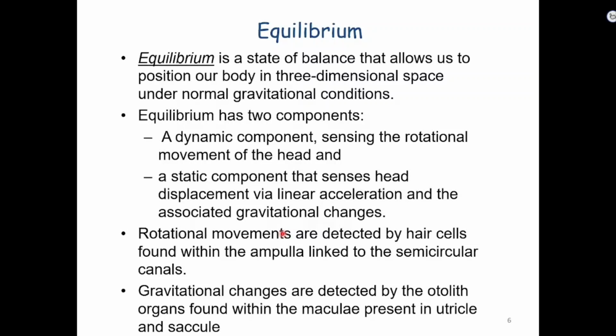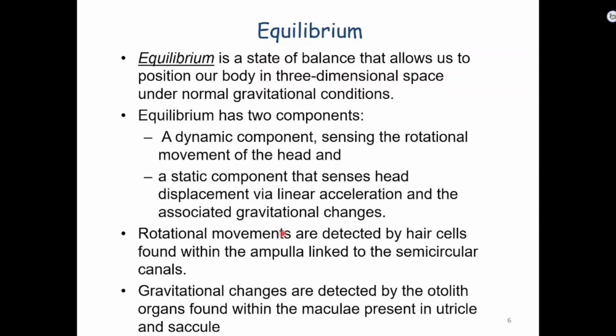We are not in space, we are basically in normal gravitational conditions, and the state of equilibrium makes our body balance itself adequately in three dimensions. We are not falling on this side or on the other side. We are balancing ourselves under normal gravitational conditions. That is a state of equilibrium.